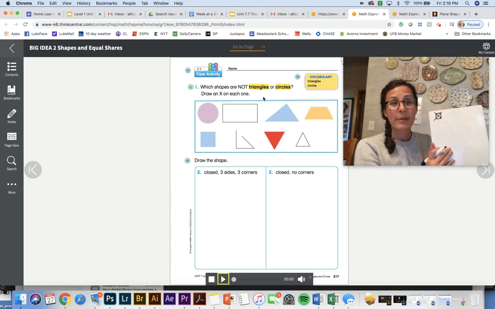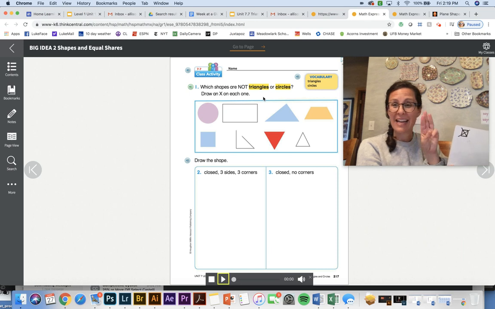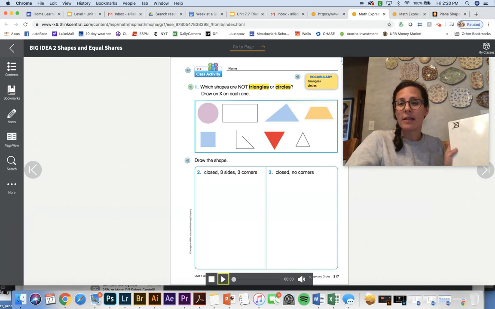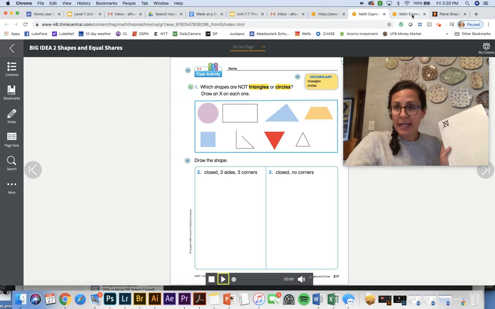I did my square because the square is not a triangle or a circle. It does not have 3 sides. It does not have 3 corners. And it's definitely not a circle. So go ahead and pause the video now and press play when you have all of yours written down.